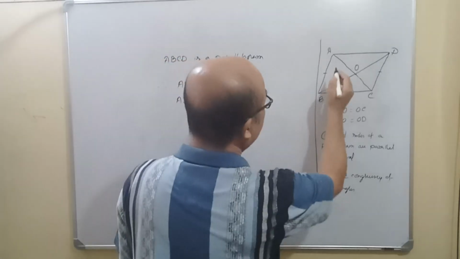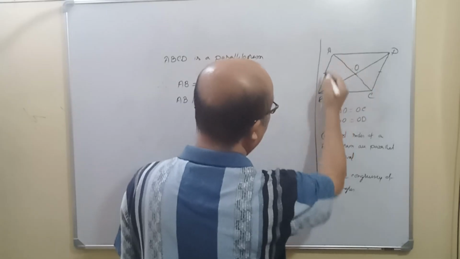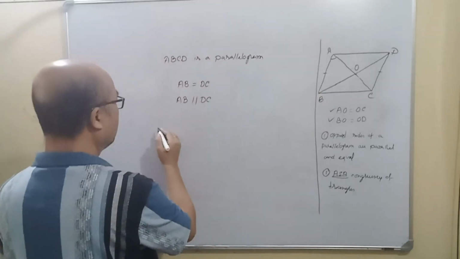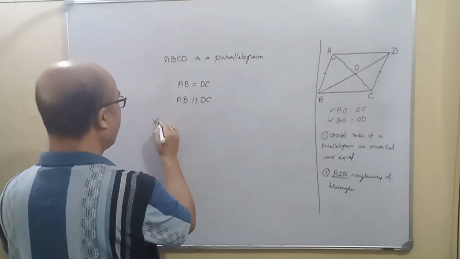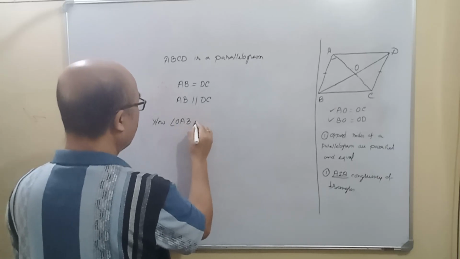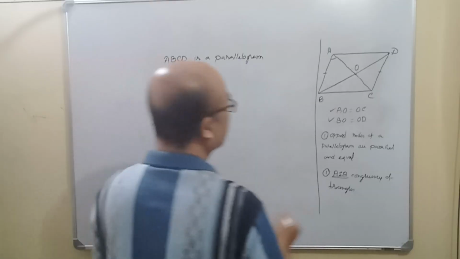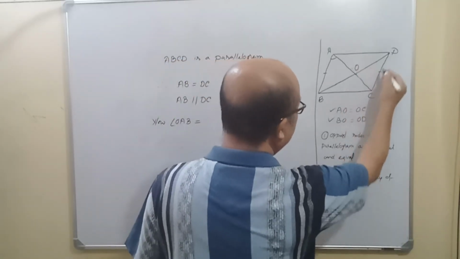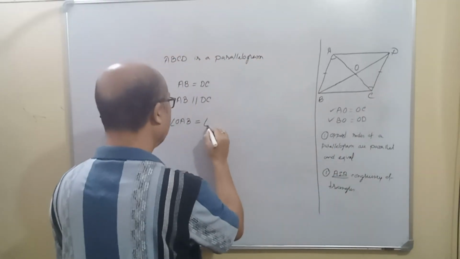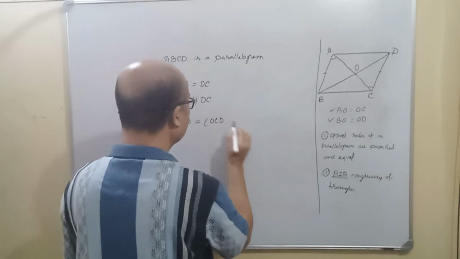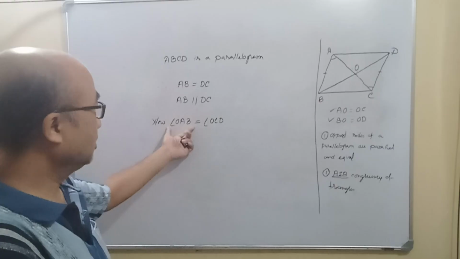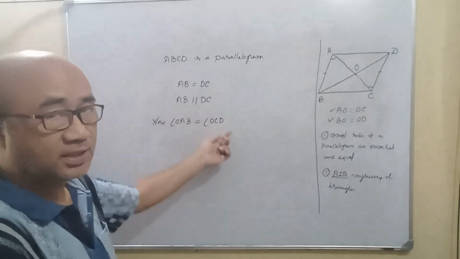Now, angle OAB, this angle, is equal to angle OCD. Why? What is the reason?